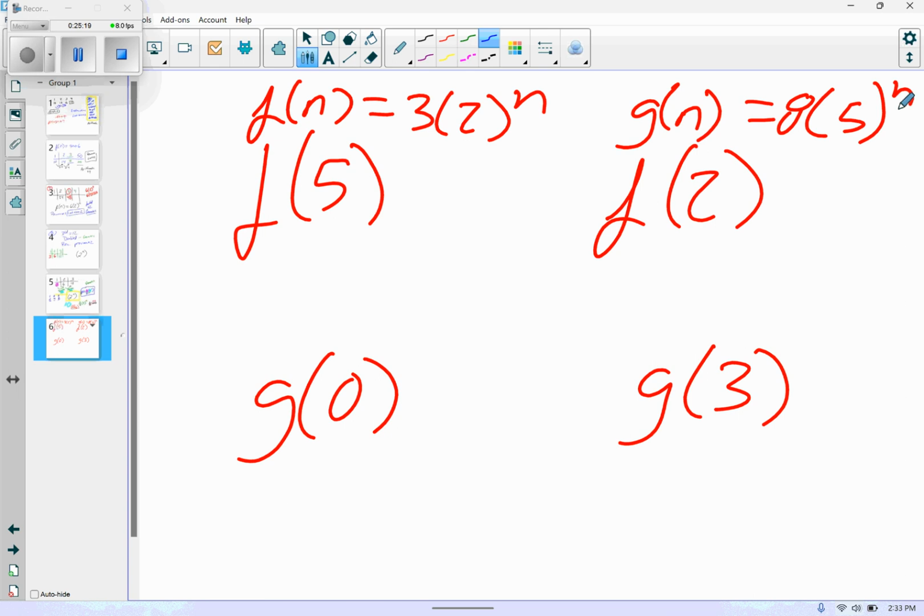If you have an F, you plug it into the F1. If you have a G, you plug it into the G1. Okay, and then also down below, all you're doing is plugging 1, 2, 3, 4, 5 into that equation, getting the output, and plugging 1, 2, 3, 4, 5 into that equation and getting the output.